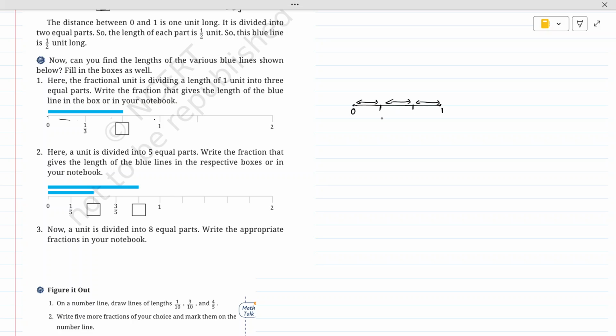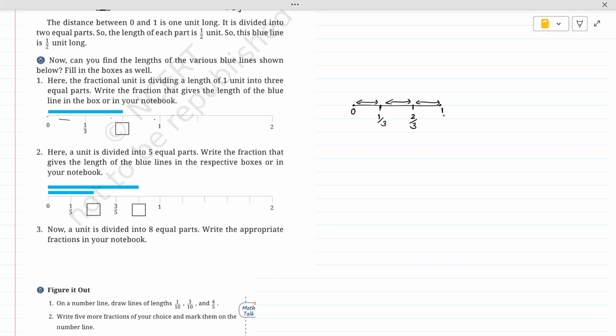So we can say that this 1 unit is equally divided into 3 parts, right? So the length of each part will be 1 by 3. This distance is 1 by 3. So this mark will be after one third of the distance. Another will be 2 by 3.